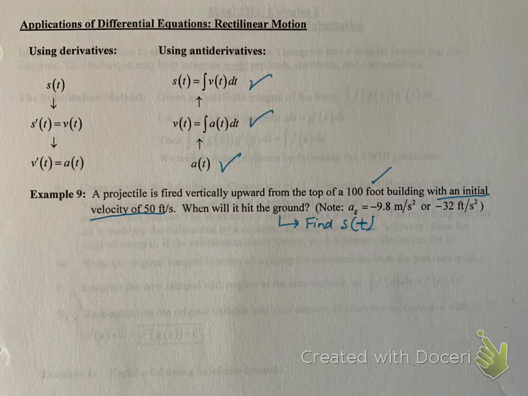Okay, so if you look at this, I'm not given too much information. I do have an initial velocity of 50 feet per second when time is 0. And I also have a little note here that the acceleration of gravity equals negative 9.8 meters per second squared, or 32 feet per second squared.